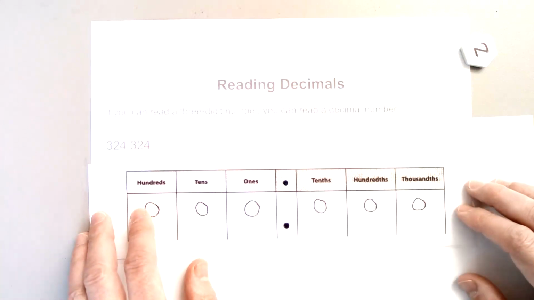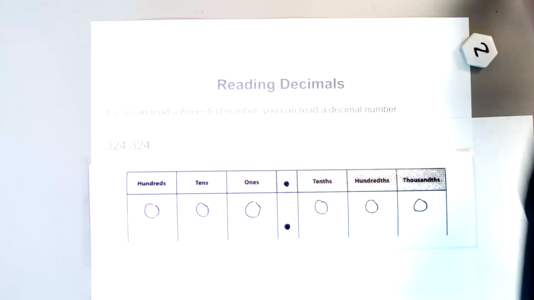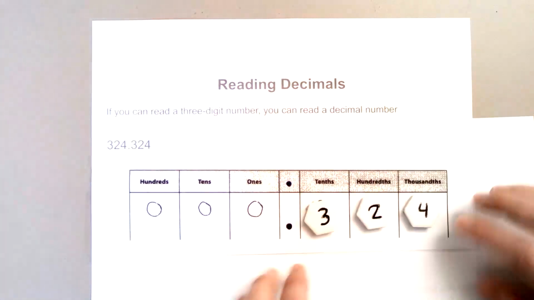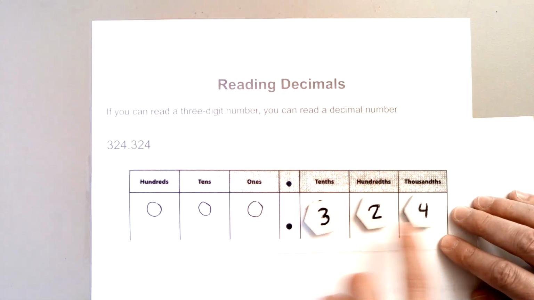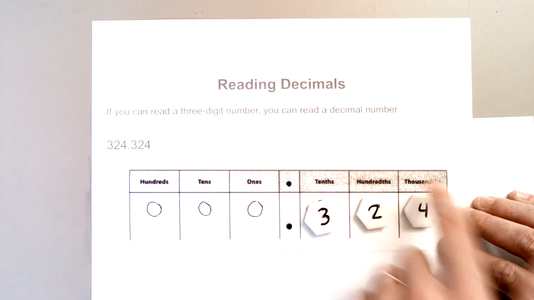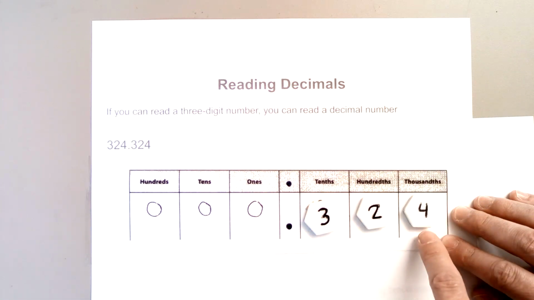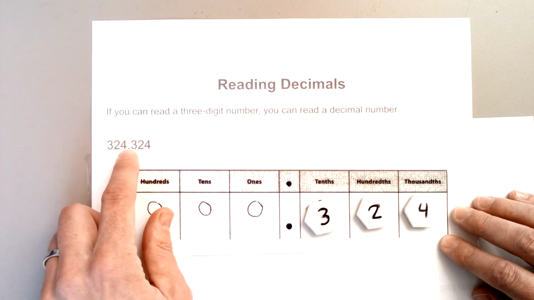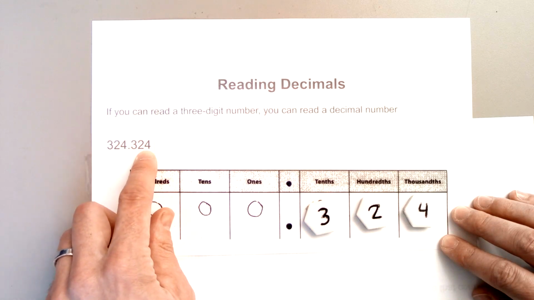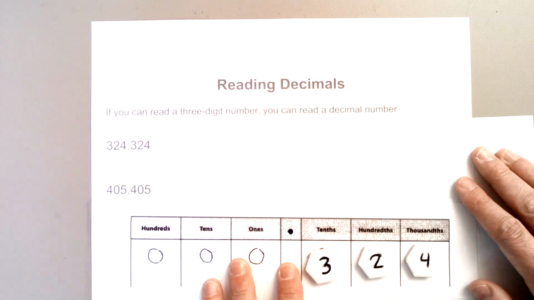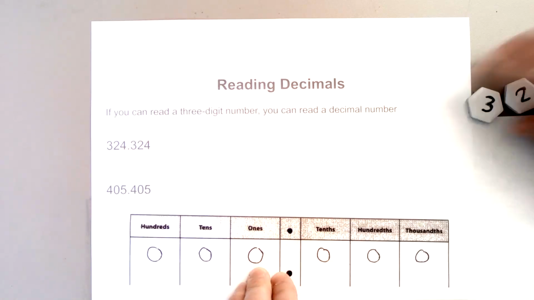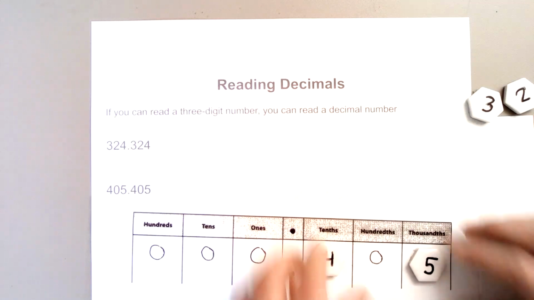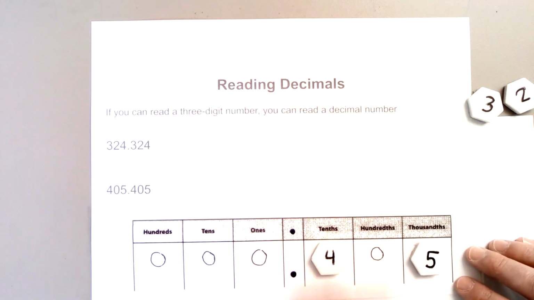I'm going to bring this over here. I'm just going to make the decimal number. That's 324 thousandths. The thousandths is the last place value with a digit in it. So this is 324 and 324 thousandths. Let's go on to this one. I'll just make the decimal portion because I don't have 2 4s and 2 5s in this pack.